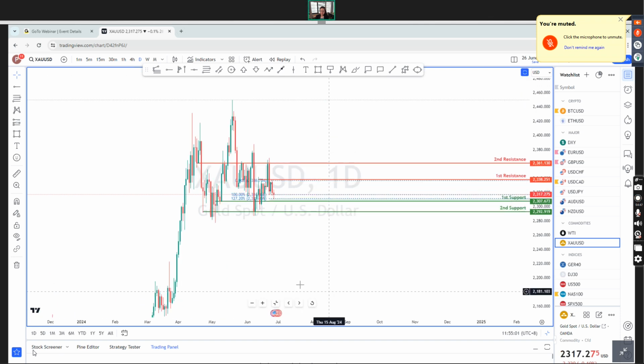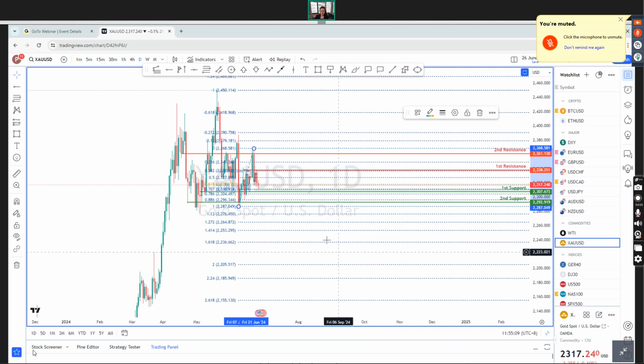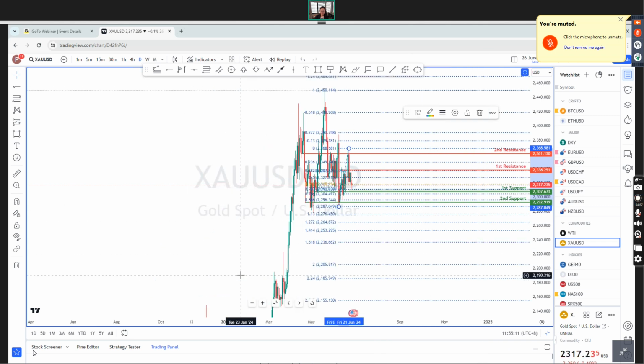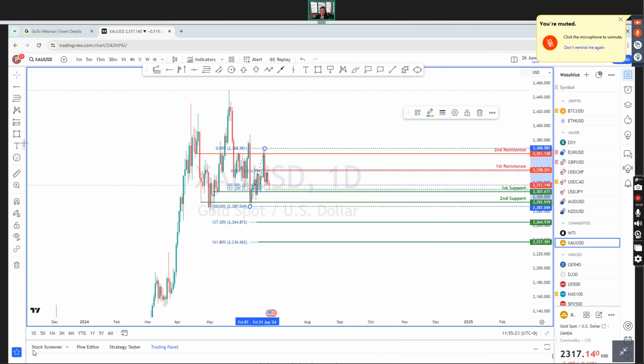On the daily time frame for gold, for the swing, I still buy. For the swing, I look for it to come all the way to at least your extension 127 here and 161.8 here for the swing trade.